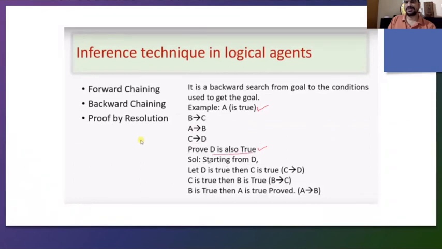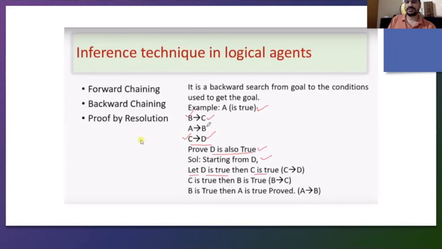So we'll start with D, and we'll assume that D is true. If we assume that D is true, then we'll find that C is also true. Why? Because C implies D. So if D is true, definitely C will also be true. Now if C is true, then definitely B is also true.